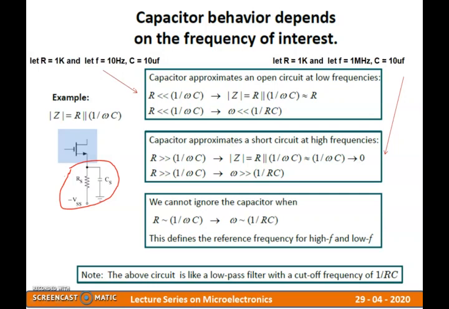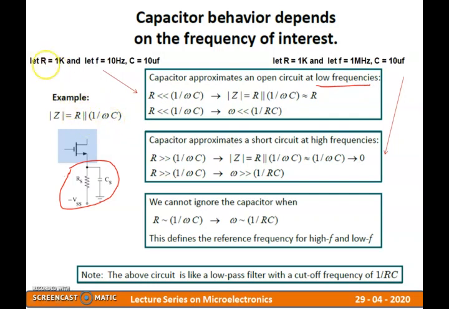To figure that out, let's take a small example wherein I am considering R much smaller than 1 over omega c. Why am I considering this? Because now I am taking the condition of low frequency, where omega indicates 2 pi f, and f is very low, so 1 over a low value will be high, and R parallel a high value.